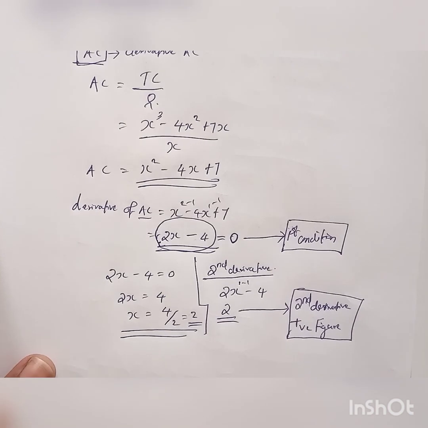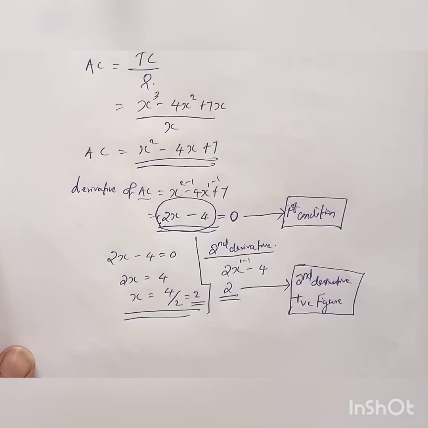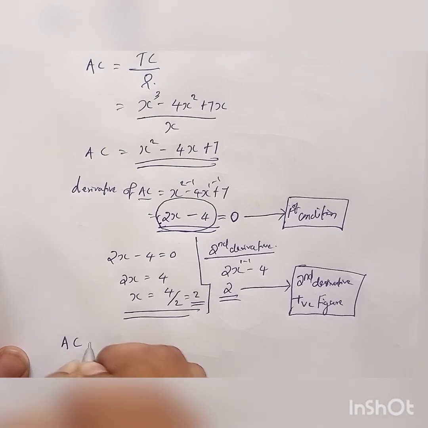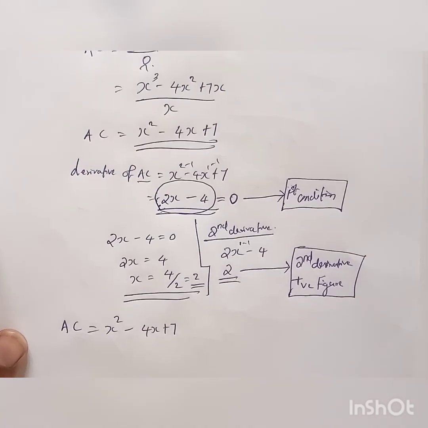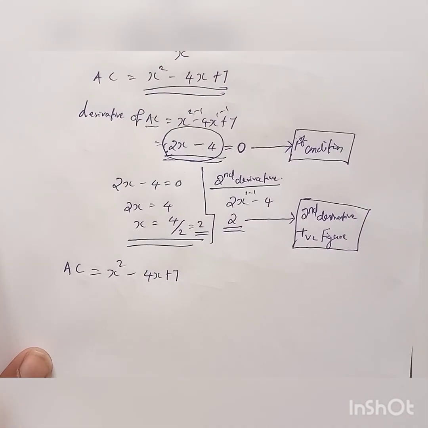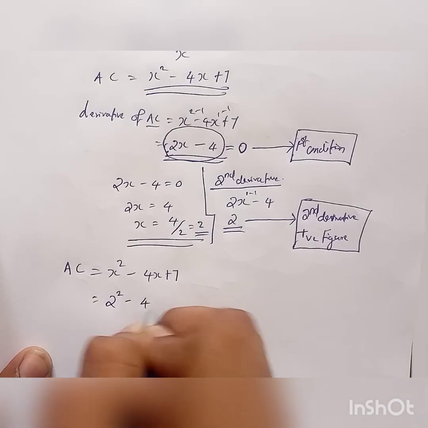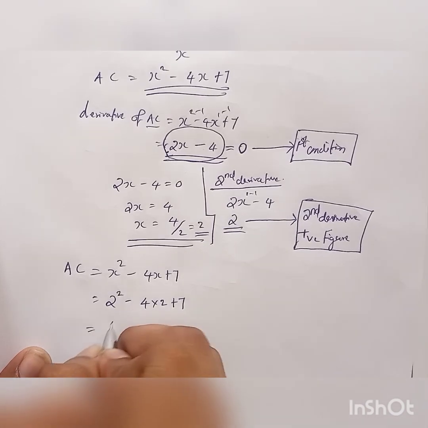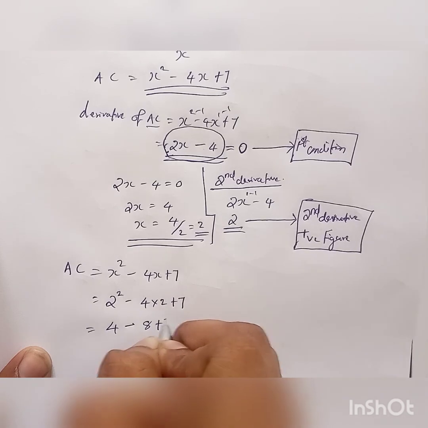The next part of the question is asking what the average cost will be at 2 units. It is very easy. We are already having the average cost equation, x square minus 4x plus 7, right? So what we have to do? Instead of x, we will keep 2. 2 square minus 4 into 2 plus 7. How much we will get? 4 minus 8 plus 7.